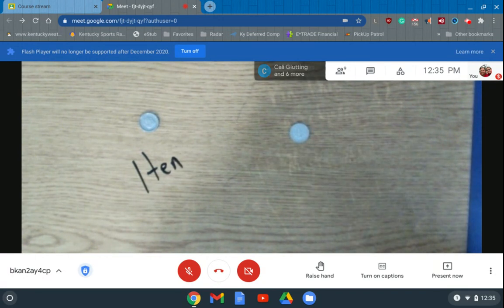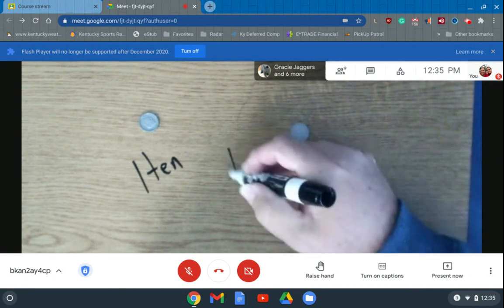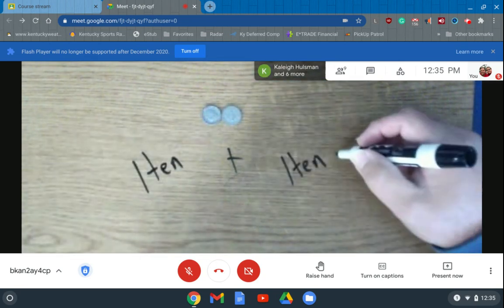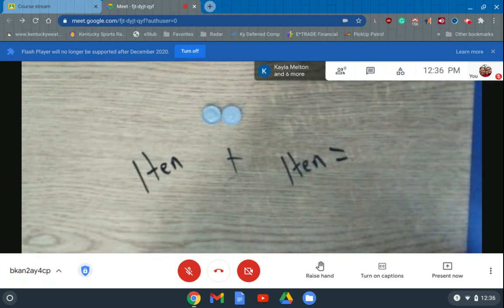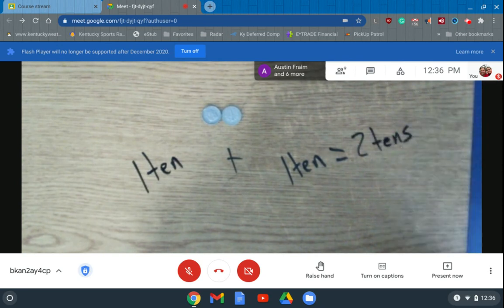One more 10. One more 10. So I'm adding one 10. And if I put them together, okay, I put them together. At the end, I get how many tens, Gracie? 2 tens. 2 tens. All right.